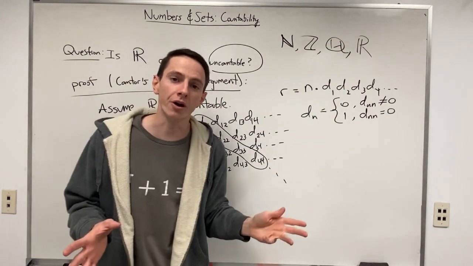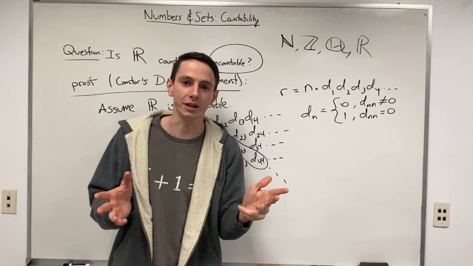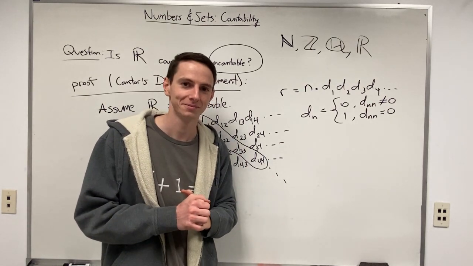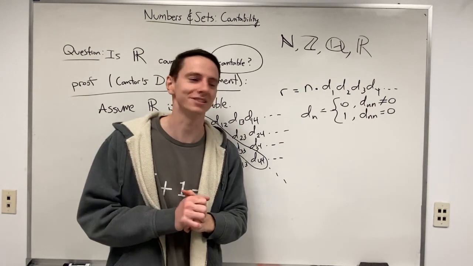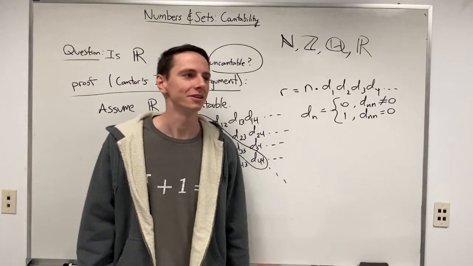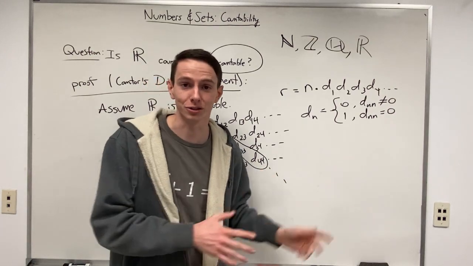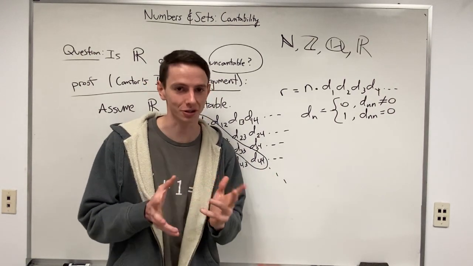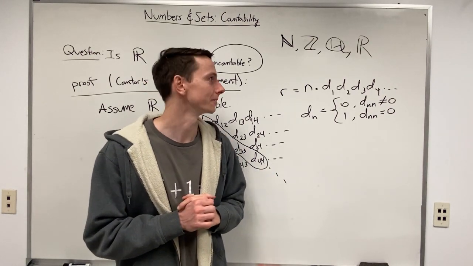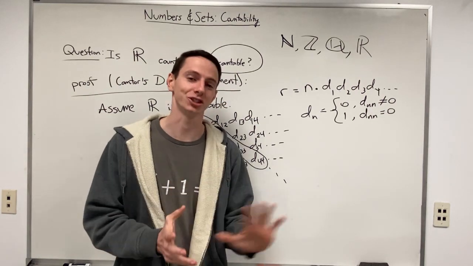The answer is we don't know, and not just that we don't know, but we can't know. It's kind of a mind-blowing thing to be able to prove a lack of knowledge to a question, but it's really a thing, and it's called the continuum hypothesis. So highly recommend checking that out.